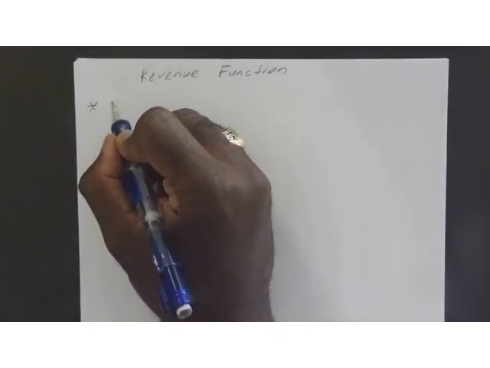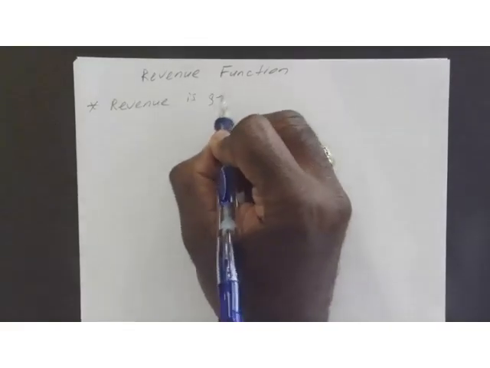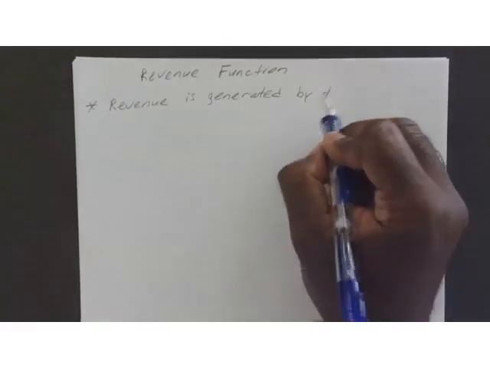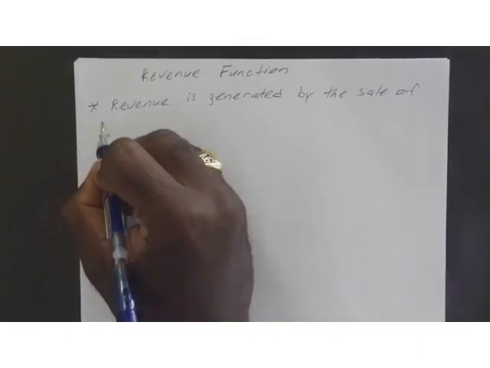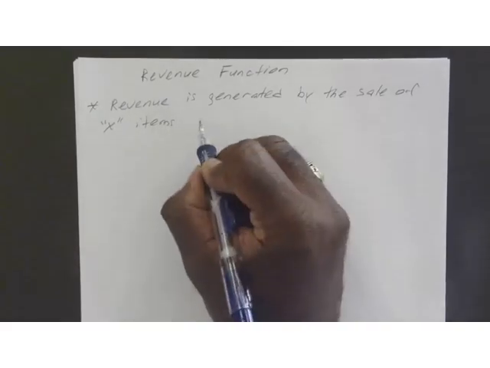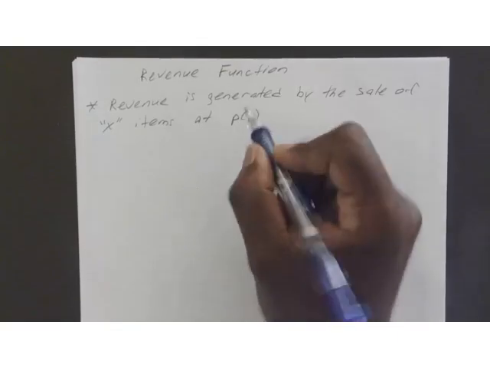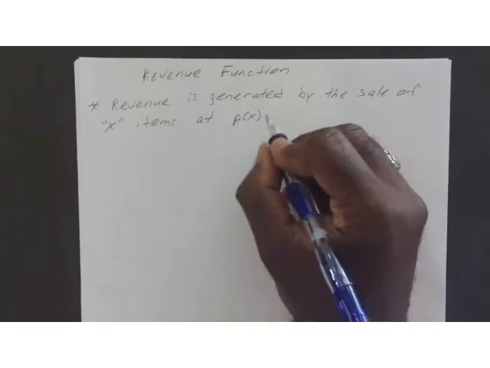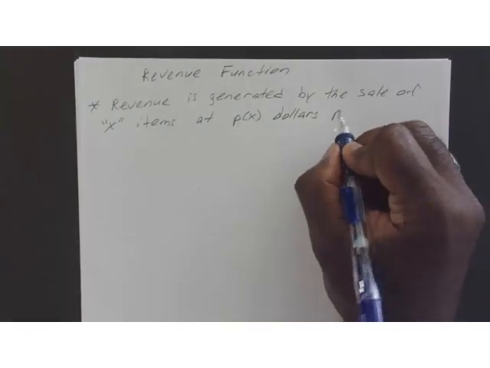So that means that the revenue is generated by the sale of x number of items at the price of p number of dollars per unit.